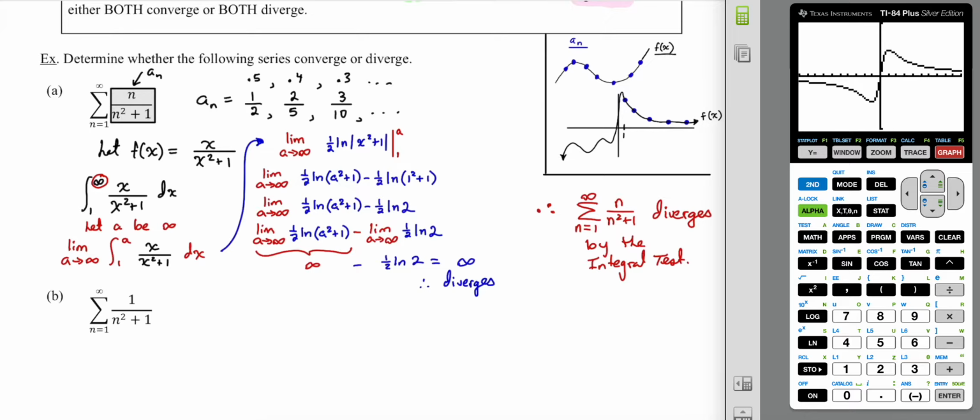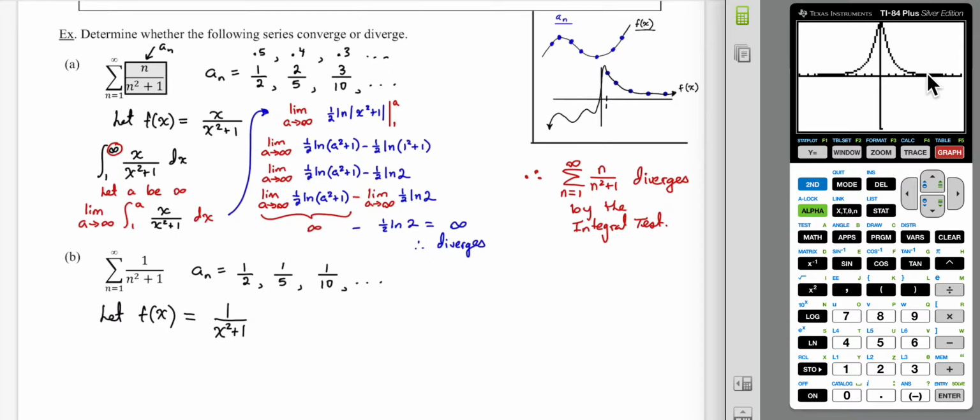So we want to check our conditions, and that would be that f of x being equal to 1 over x squared plus 1 is an appropriate function to model this series. All right, so I'm just going to pop that in there. All right, so after an x value of 1, it does appear to be decreasing, positive, and continuous.